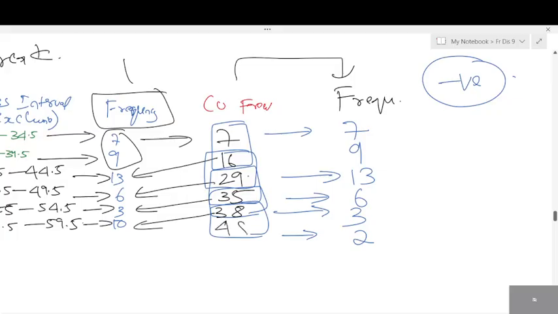What is 48 minus 38? 10. Can you see we got the same answer? Is it clear?